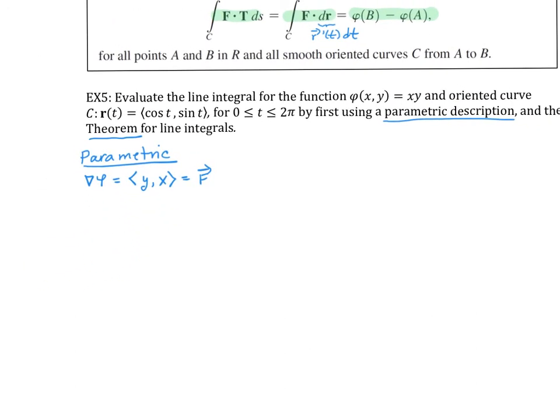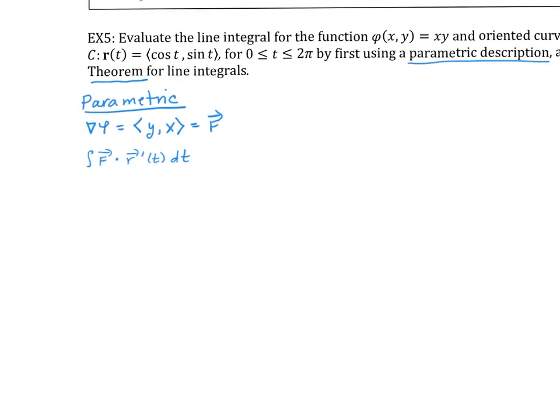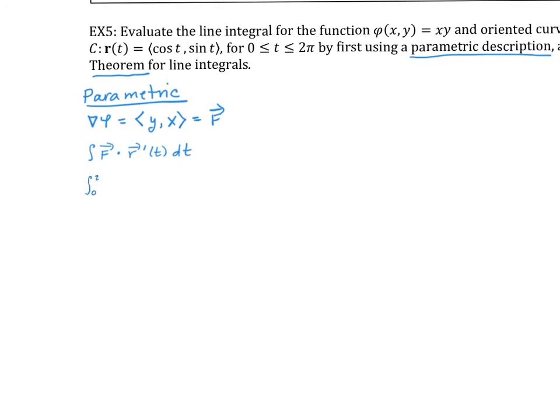So going back to my parametric representation, I can go ahead and take the integral of my vector field dotted with the derivative of r with respect to t. That's the integral from 0 to 2 pi. My vector field is y, x. So y is sine of t in my curve r, and x is cosine of t.